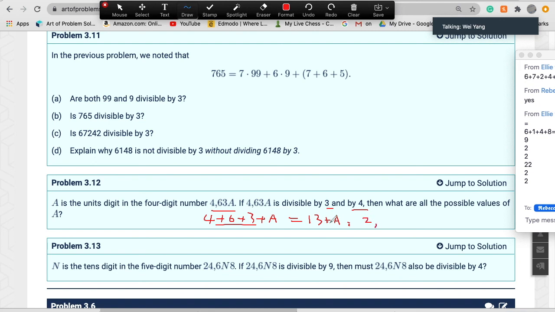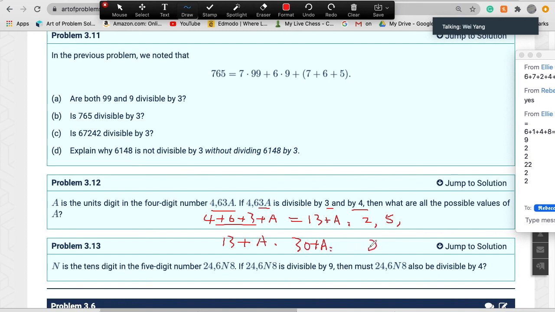Another is 5, right? Now if this number is divisible by 4, then 30 plus 8 should be divisible by 4.